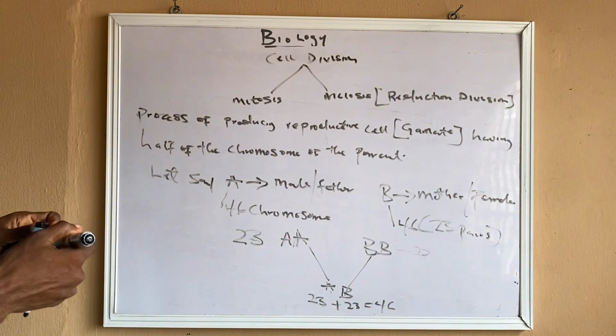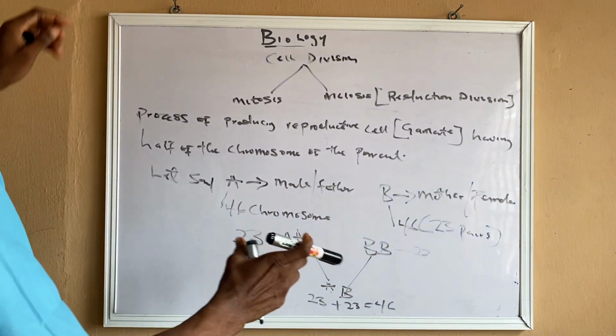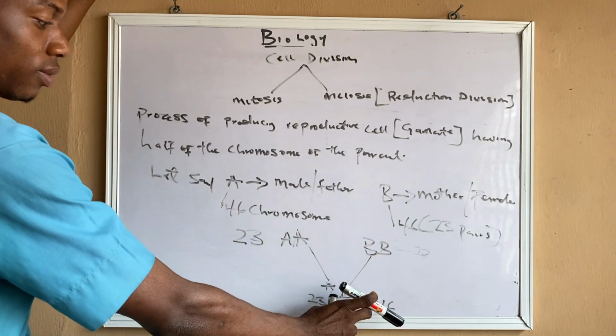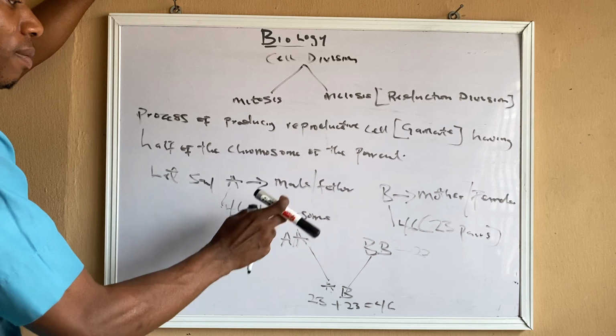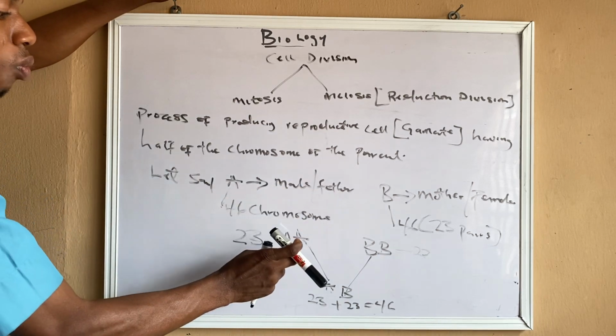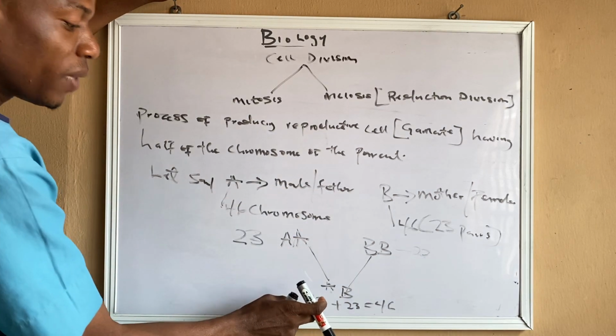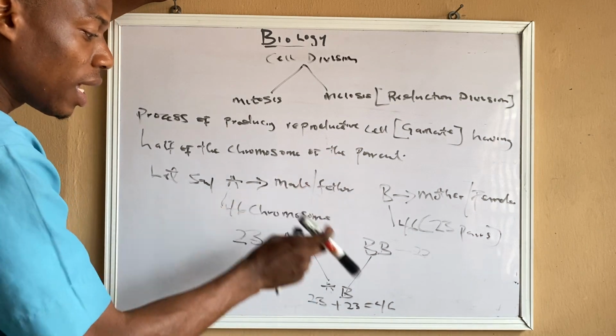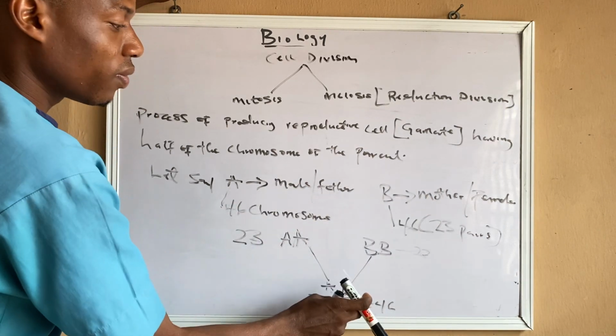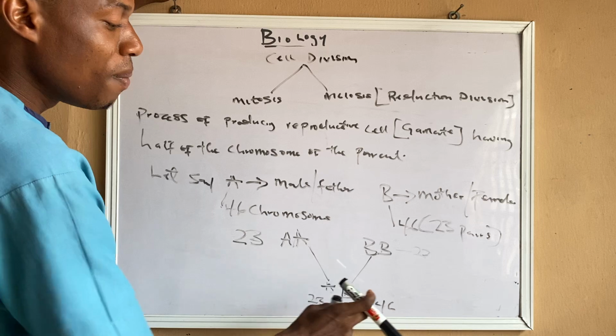That is how a gamete is formed, by the donation of one chromatid from the male parent and another one from the female parent, making 46.